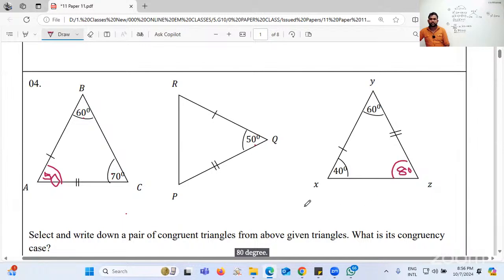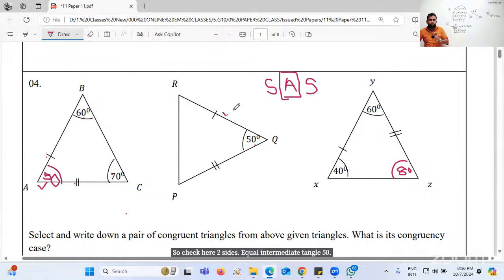Now, in which case can you refer? Two sides are equal, so you can refer to SAS, two sides and the angle. What is the specialty here? The angle must be the intermediate angle. Check here: two sides equal, intermediate angle 50.